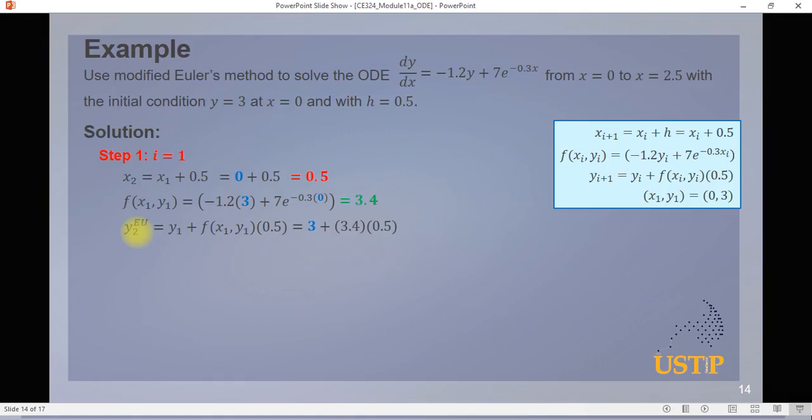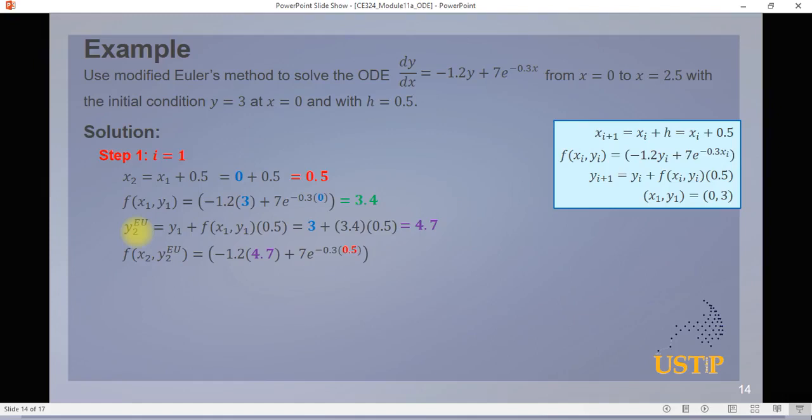Then we will just substitute the values 3, which is the initial value of y1, and then the value of f of x1, y1, which is equal to 3.4, and then the value of x2, which is equal to 0.5. Okay, so that y2 is equal to 4.7.